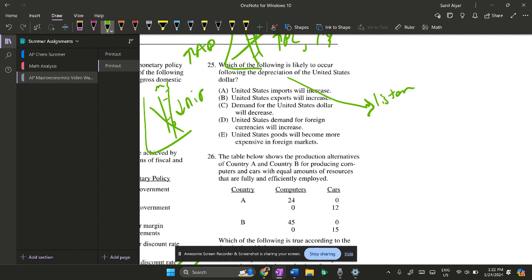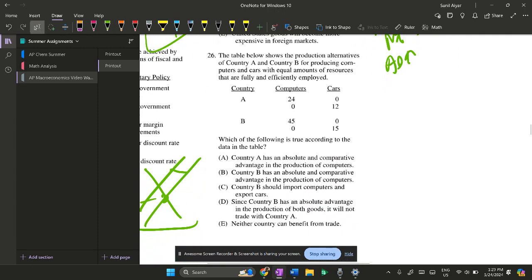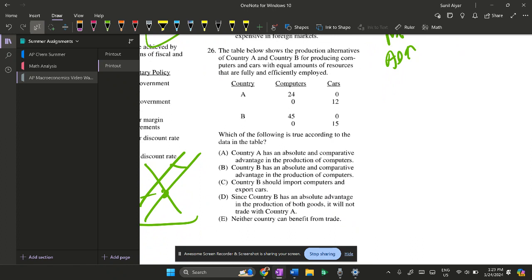So they're going to buy more from us, or we're going to buy less from them because our PLs are cheaper. That means our exports will increase, which means NX increases, which means AD increases. So United States exports will increase right there. Need to know that pattern. That is going to be on an FRQ for Forex.